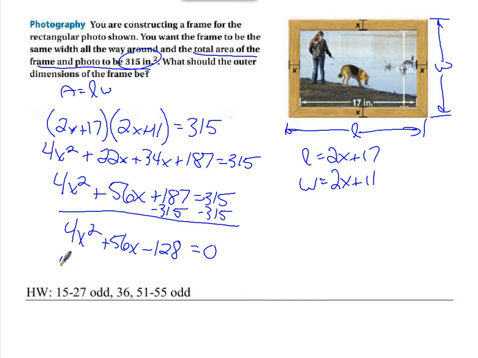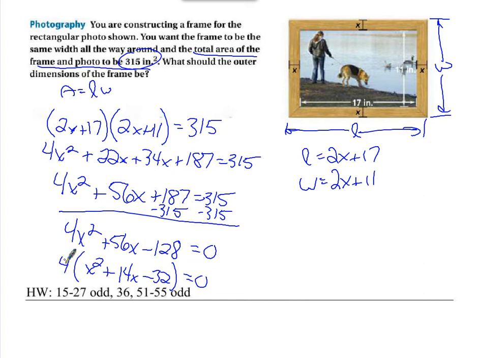And if I do that, I have 4 times x squared plus 14x minus 32 equals 0. Now, I have this GCF out front. Here's the thing. I can divide right now by 4 and get rid of that GCF completely. Because of the fact that I have an equation here equals 0, I can do that.